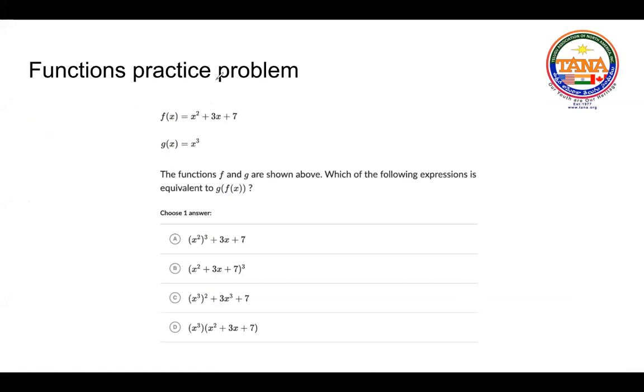Here's a separate problem that I just thought of. What would you do if you had f of g of x? Try solving that. I'll give you guys a minute to do this one, and put your answer in the chat after you finish.